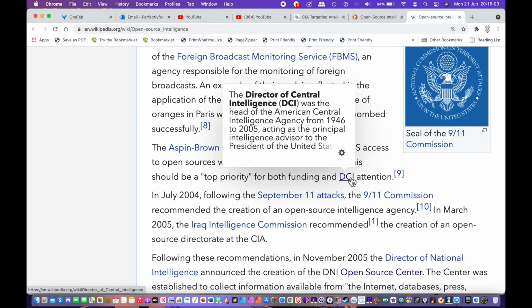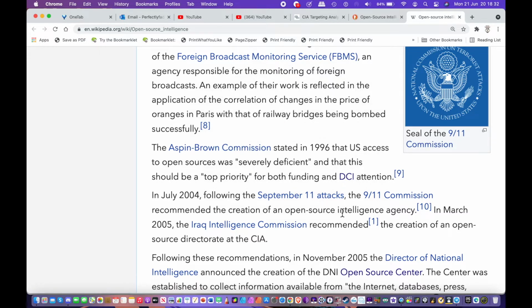And DCI is Director of Central Intelligence. So, the Director of Central Intelligence was the head of the American Central Intelligence Agency from 1946 to 2005, acting as the principal intelligence advisor to the President of the United States. Okay.